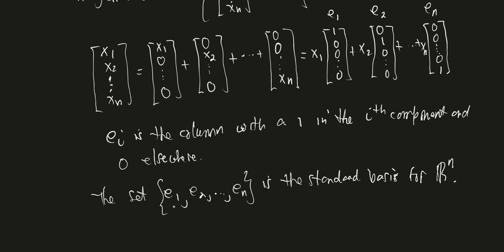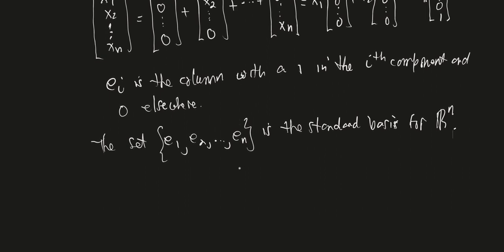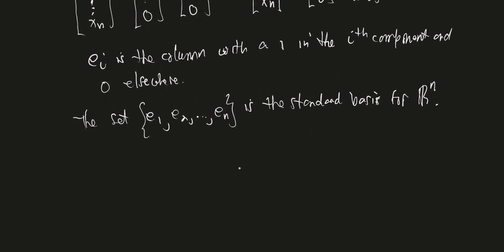And it's not a coincidence that this set has n vectors, right? And it's used to represent the standard basis for Rn. In fact, this is what leads us to the definition of dimension. The number of vectors in a basis for Rn is defined as the dimension of that space, right?